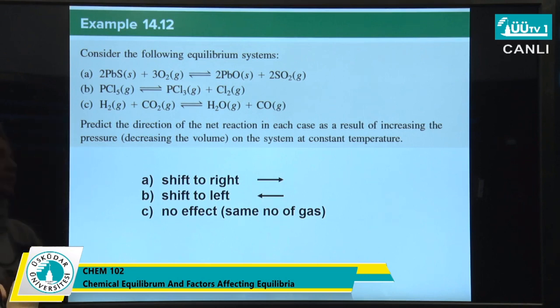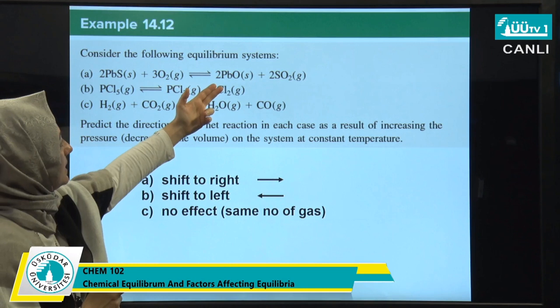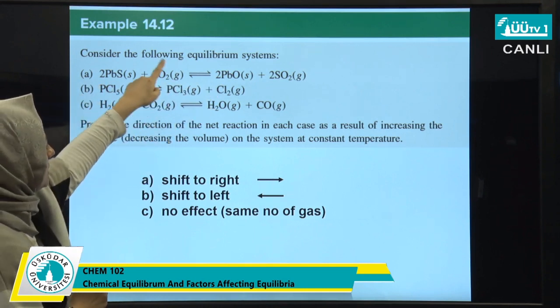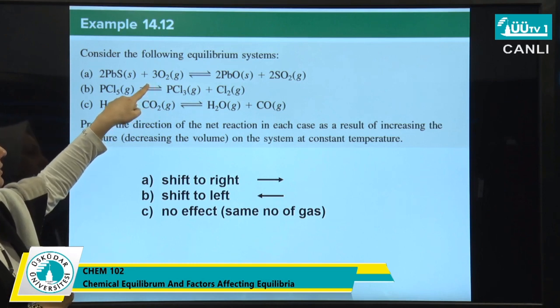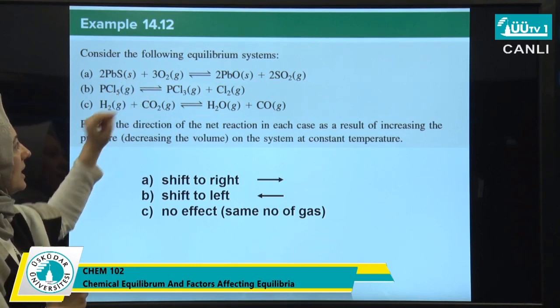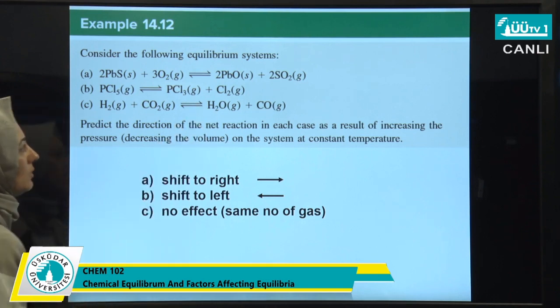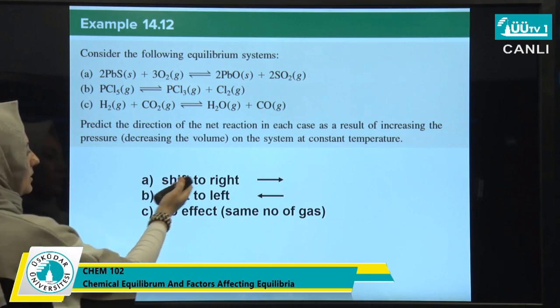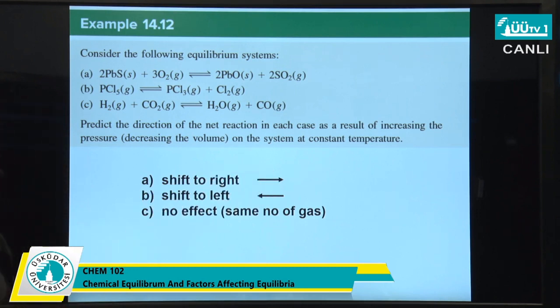Looking at case A, you have solid on this side and solid on this side. You will not consider them. You are only going to focus on the gas molecules. You have 3 moles of gas molecules on the reactant side, and 2 moles of gas molecules on the right-hand side. So if you increase the pressure, the system will shift to the side where there are fewer moles of gas molecules, which in this case is the right.